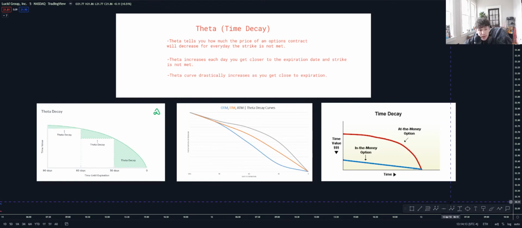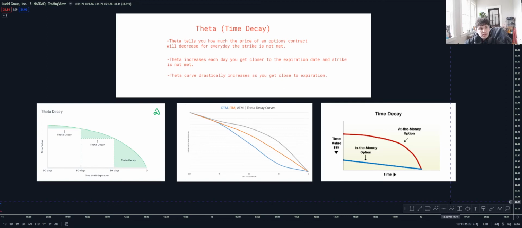It's higher when the implied volatility is higher. Like I mentioned before, the decay for Theta increases the most towards the expiration date for out of the money contracts or at the money contracts, and the Theta decay rate increases as that expiration date approaches.